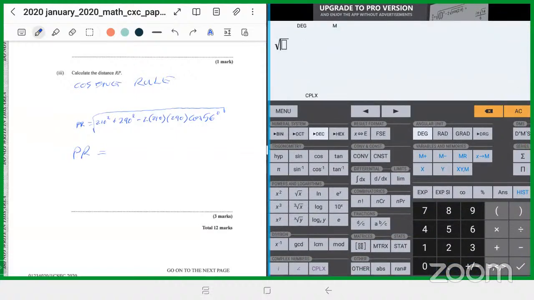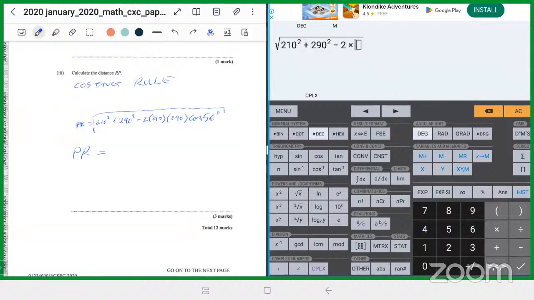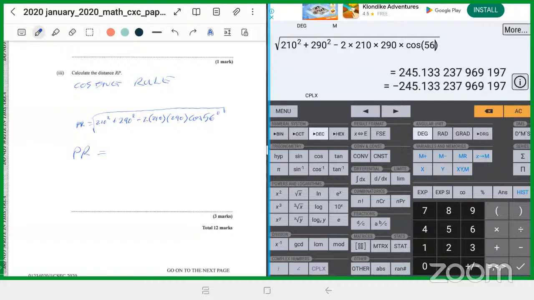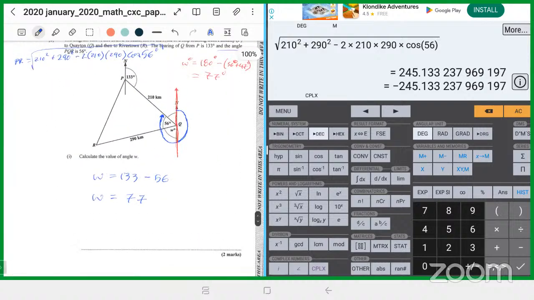So the square root of 210 squared plus 290 squared minus 2 times 210 times 290 times the cosine of 56. 245. 245, 3 digits. Everything was in kilometers, I think. Let's check the units, right? Kilometers.